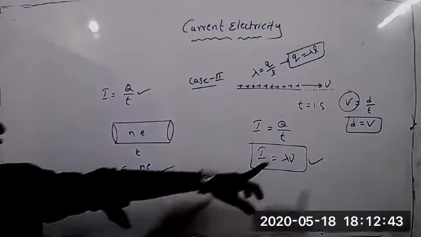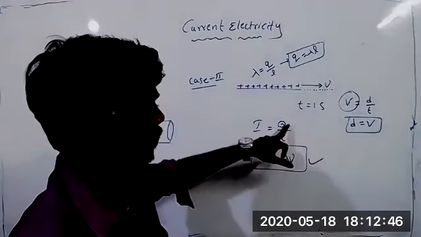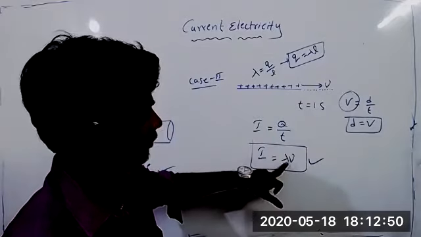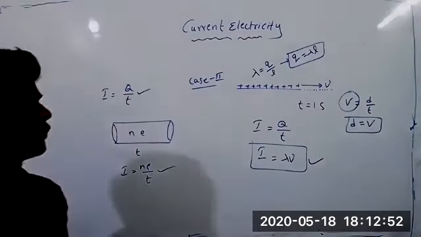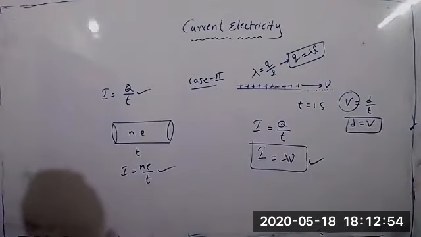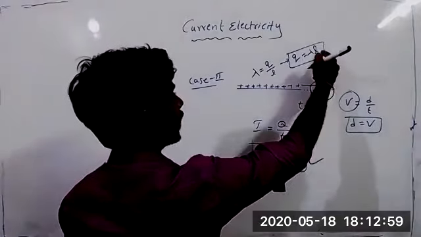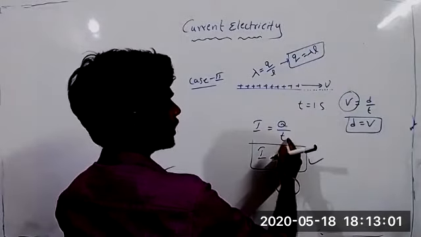If you substitute t equal to 2, the 2 will get cancelled, and again you will get lambda V. Now how much charge is flowing? Lambda into V, with time equal to 1 second.